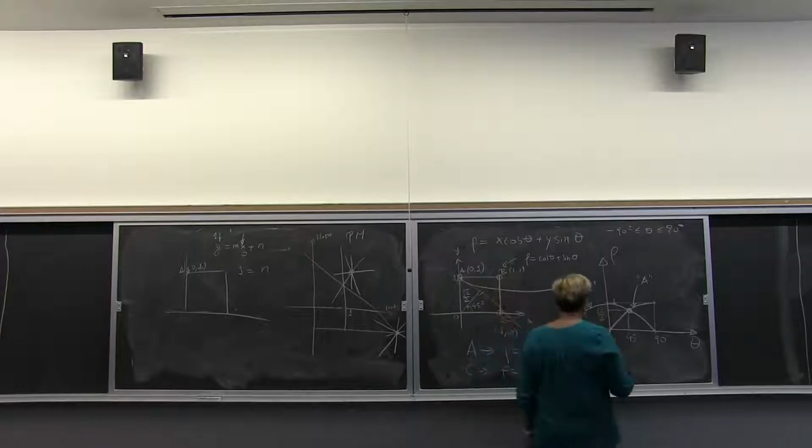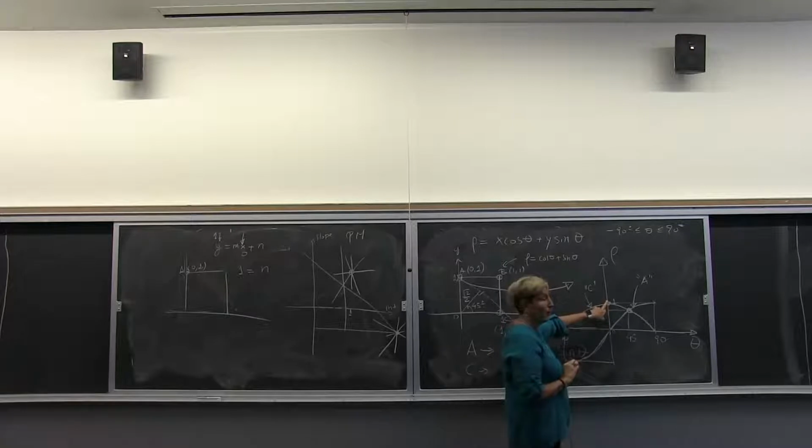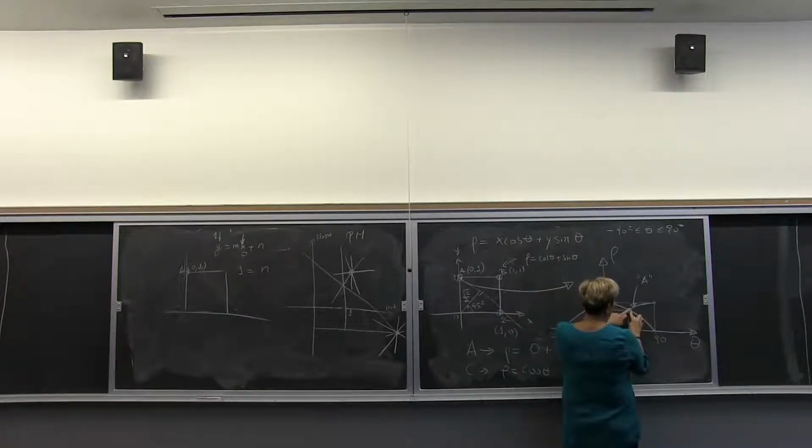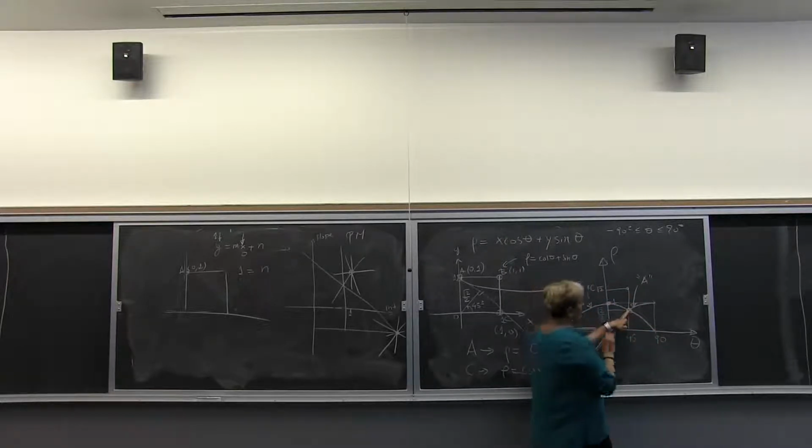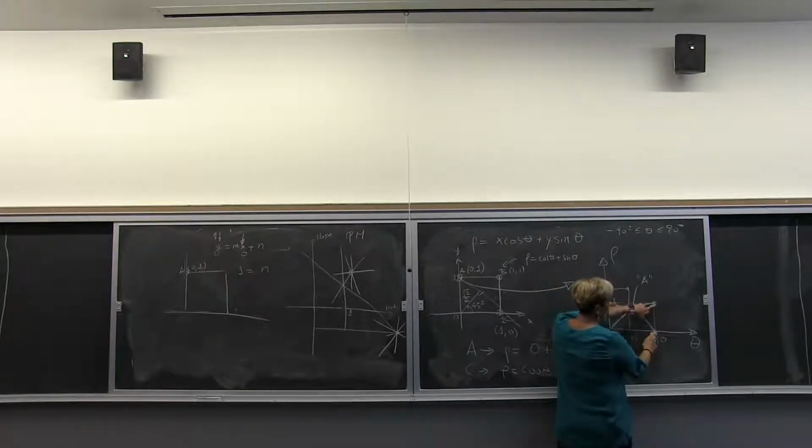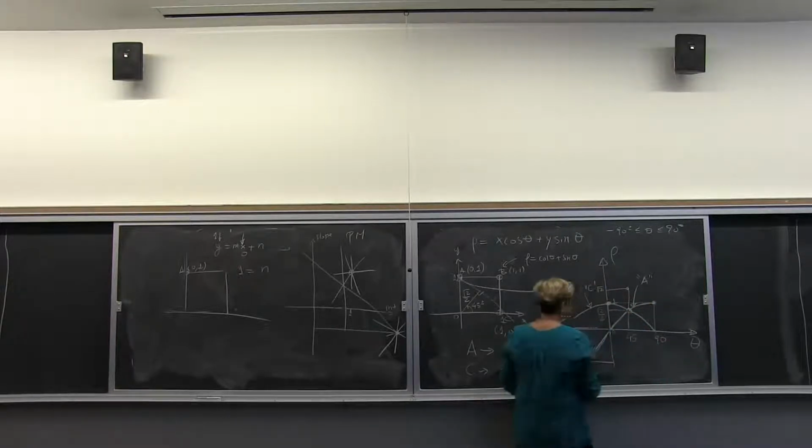Well, let's try. So at 0 it is the sum of these two curves, right? 0 plus 1 will give 1. So at 0 it will pass through here. Over here they're both the same, so it will double. So this will be square root of 2, right? Over here is 1 plus 0, so it's going to go here.